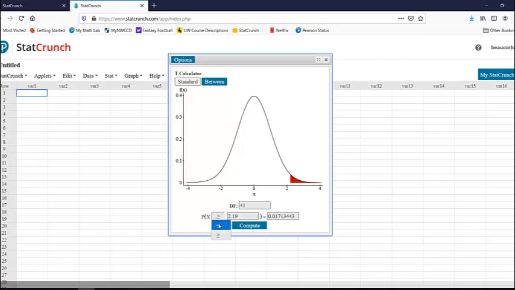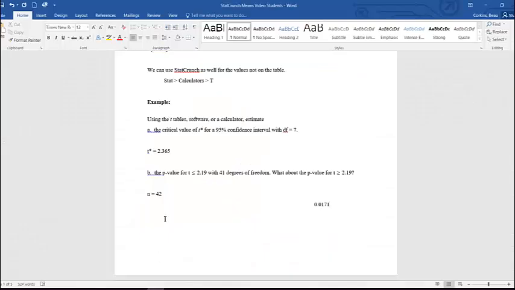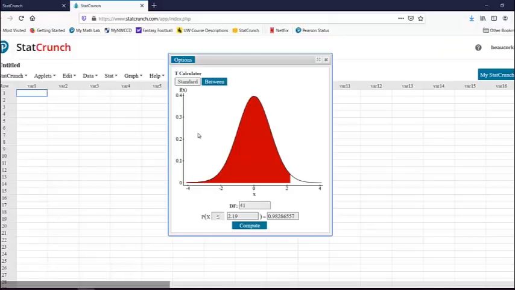All you have to do is switch the inequality, and we get 0.9829. So we can find the p-values exactly using StatCrunch with the calculators command, and that's what we're going to do. Don't use the t-table. It's far too approximate.